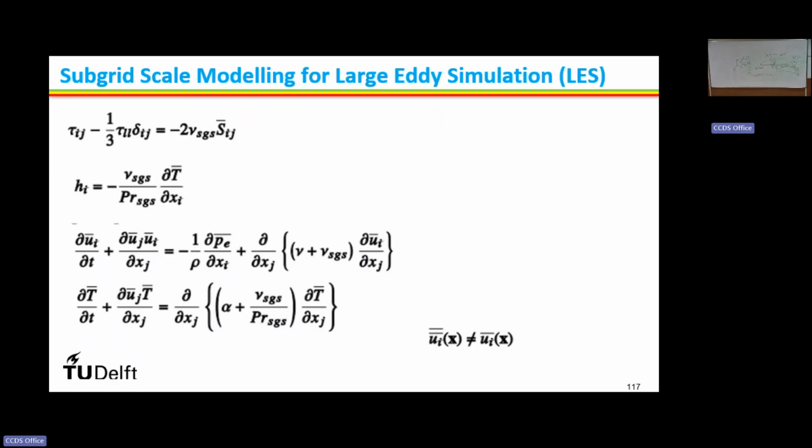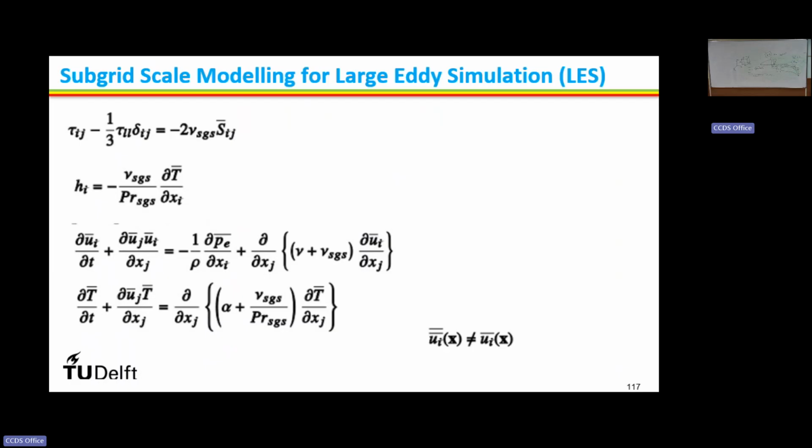Now this term is known, the mean strain rate is known, but we don't know the subgrid scale viscosity. We have to find some mechanism that can explain subgrid scale viscosity. What you do is express tau_ij in terms of this number and put it back into the governing equation.